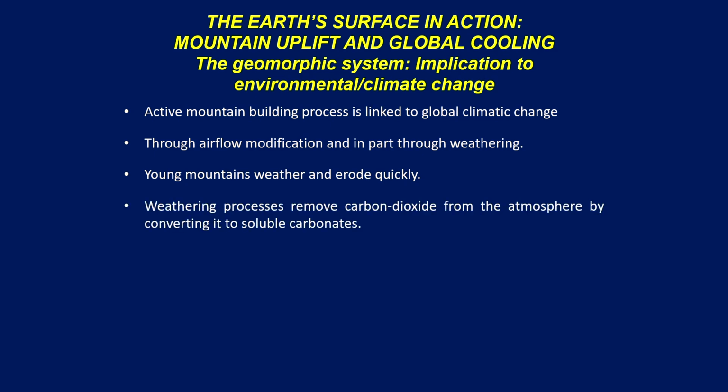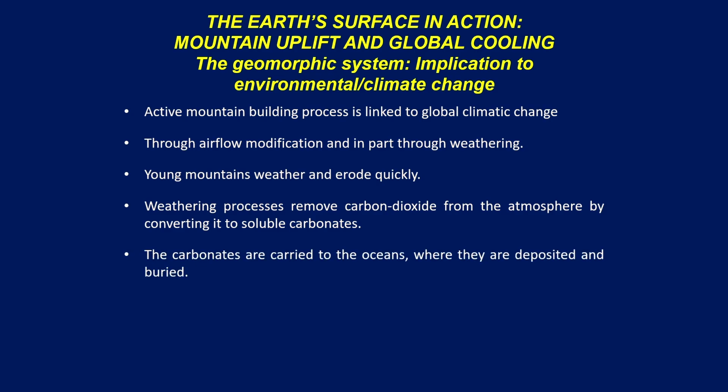Weathering processes remove carbon dioxide from the atmosphere by converting it to soluble carbonates. So you are linking this with precipitation. The carbonates are carried to the ocean where they are deposited and buried.